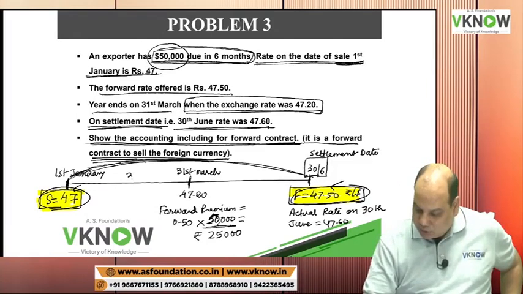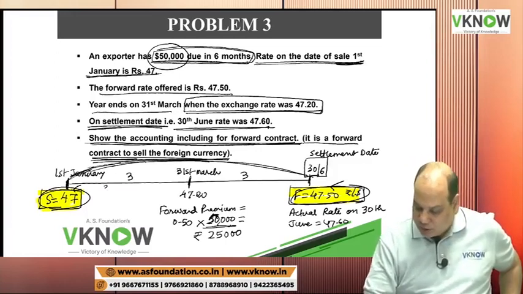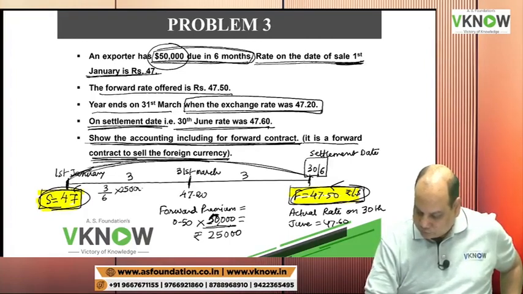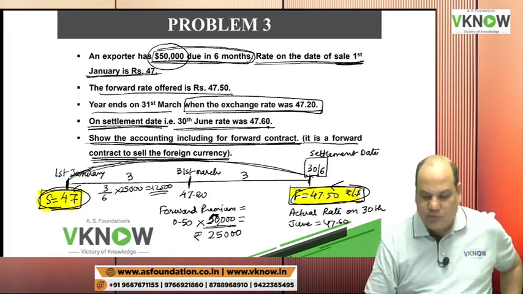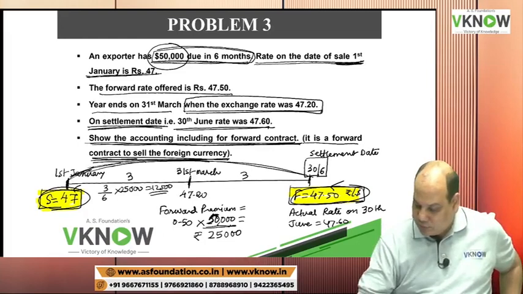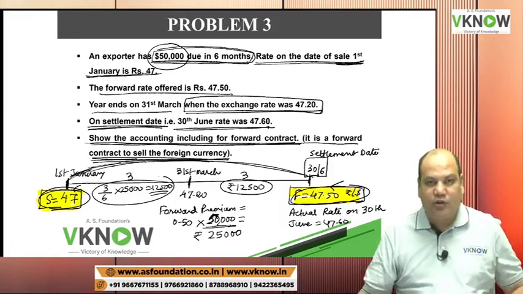So 3 months in this period, 3 months in this period. So my calculation will be easy. 3 by 6 into 25,000. 12,500 premium we will recognize in this period, and similarly 12,500 premium we are going to recognize in the next year.